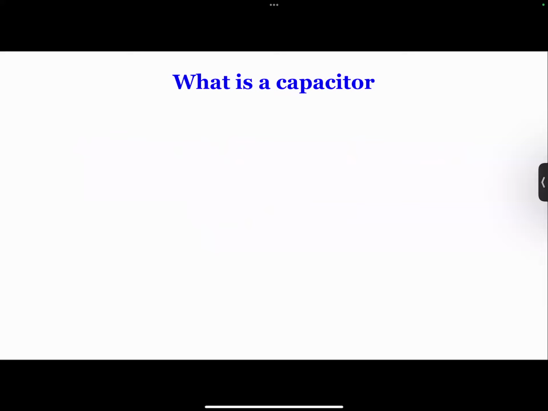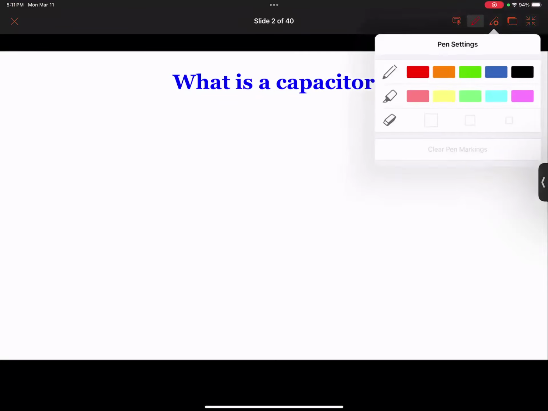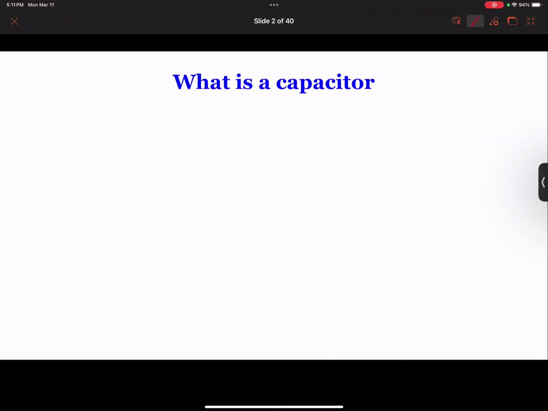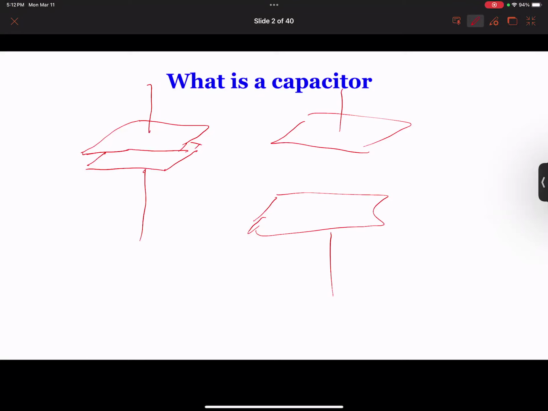Two plates close to each other, right? These two plates can be bigger or smaller, long, at different distances. And between these two plates, you will have a capacitance.